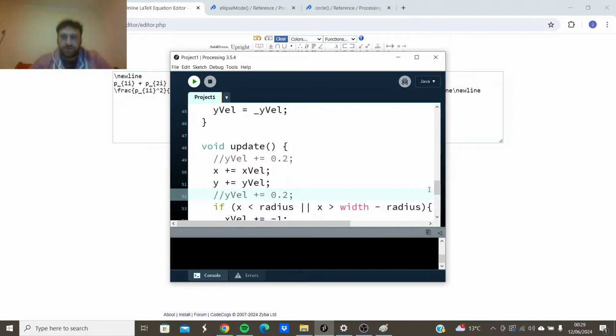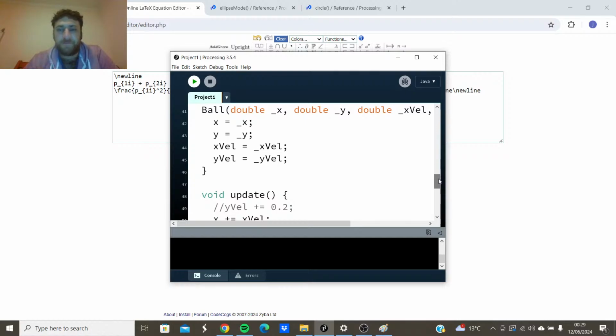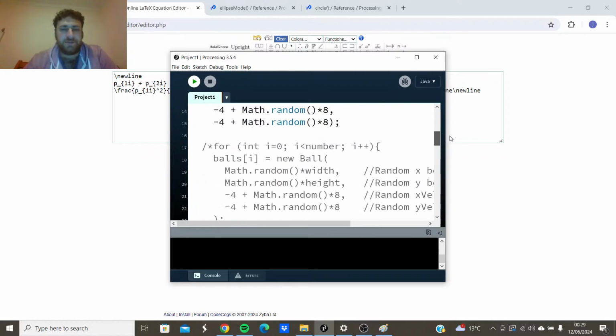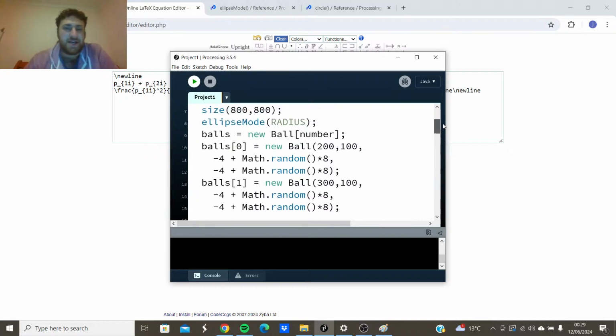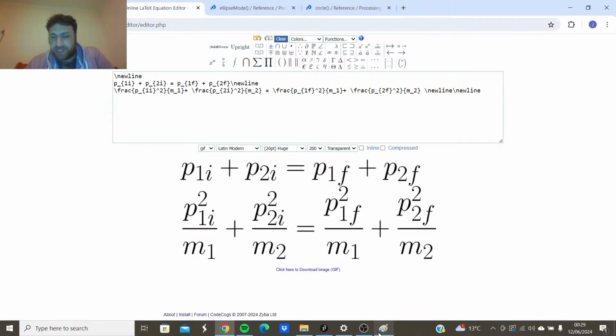We'll do the proper two-dimensional collision right after this, but I just want to do the one-dimensional collision first, although now I'm thinking this may be more annoying and time-consuming than it is actually helpful in terms of teaching and pedagogy.